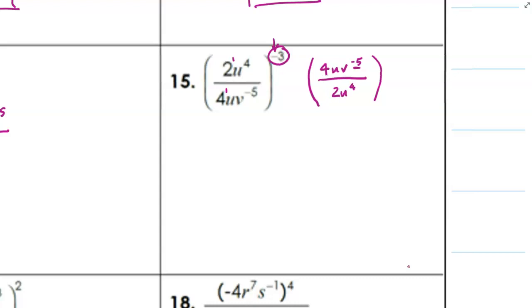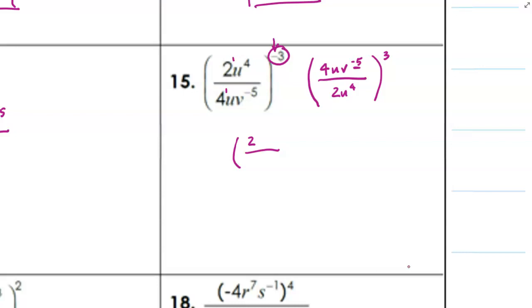So u to the fourth becomes raised to the third power. You can simplify inside first if you want. Yeah, let's go ahead and do that. 4 divided by 2 is 2.